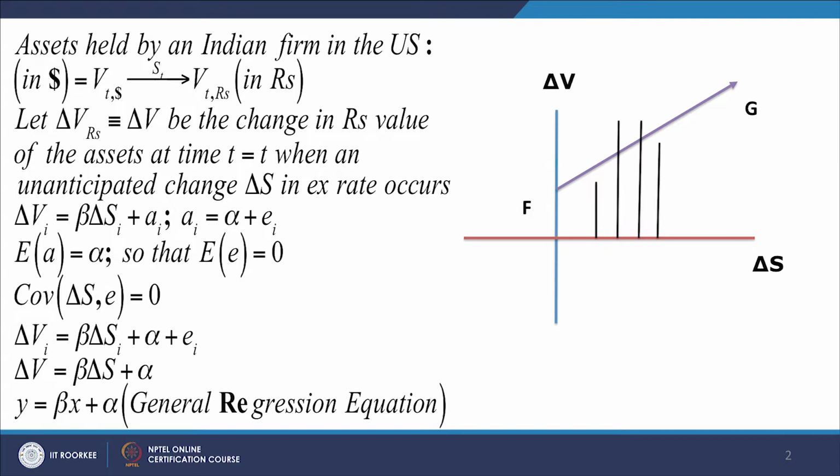Alpha is the intercept and beta is the slope of the regression line. This also indicates a systematic or predictable relationship on the average, not for every value, but on the average, between y and x, which is captured by beta.